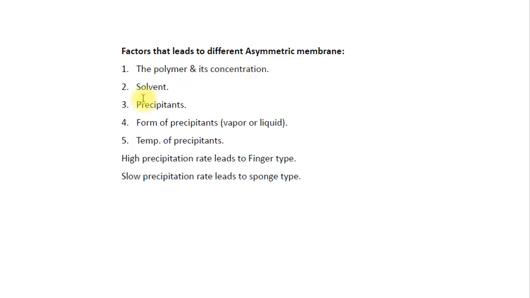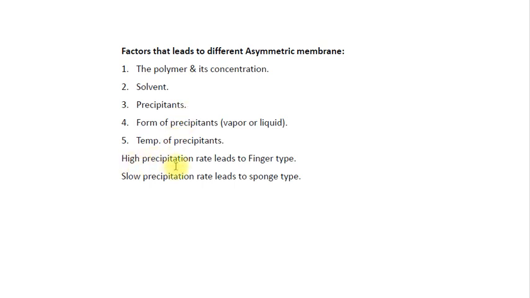Then you have the solvent: with a different type of solvent, you will get a different pore size. Then the precipitant: if you use a different type of precipitant, you may get a different pore size. Then the form of precipitant, or the rate of precipitation, can also be used to control the pore size. Then the temperature: if you are using temperature as a precipitant, then the rate of change of temperature can also be used to change the pore size of the structure.